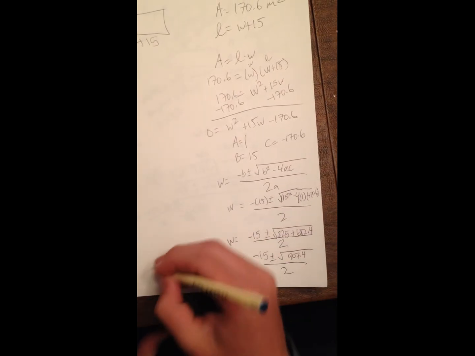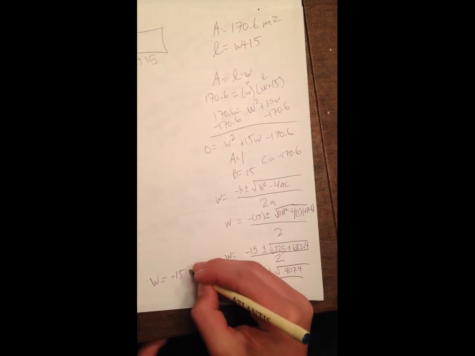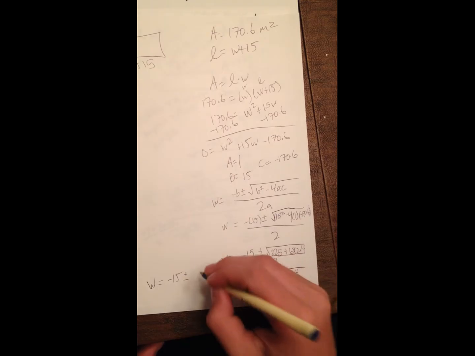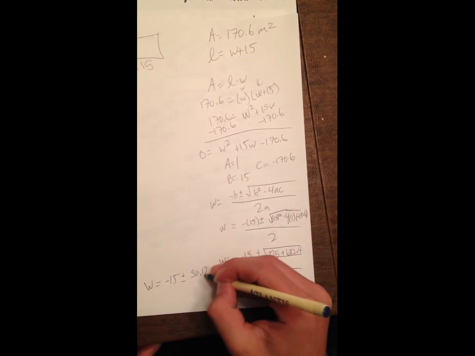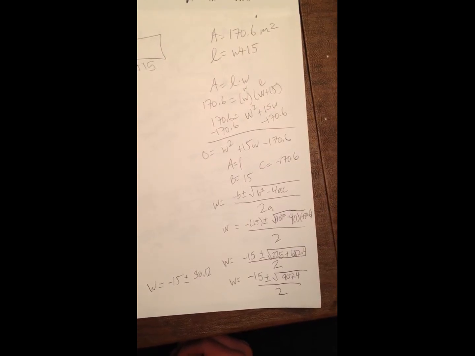So let's bring it over here now. So W equals negative 15 plus or minus the square root of 907.4, which is 30.12. We round to the hundredths place.